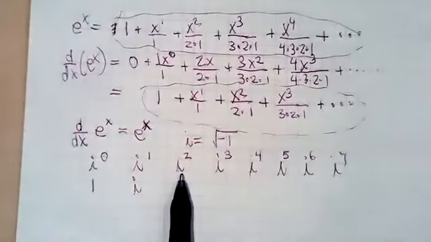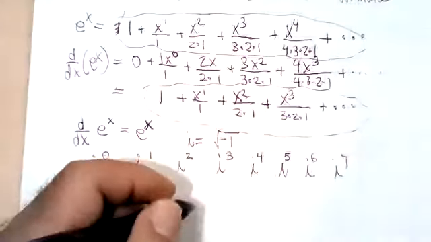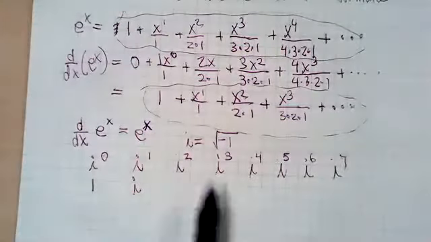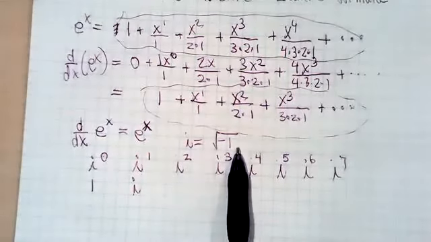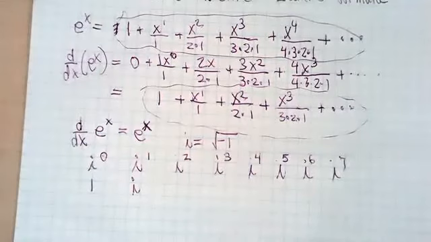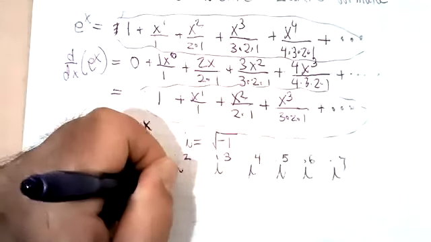Now, i squared is... Look right above. i is root -1, so i squared is... -1, yeah.